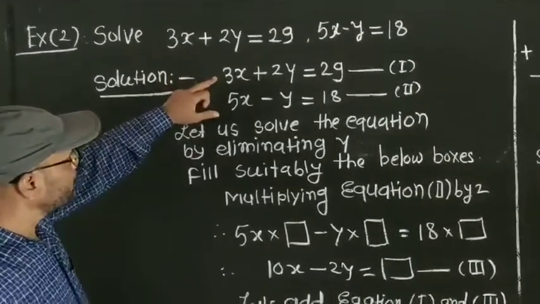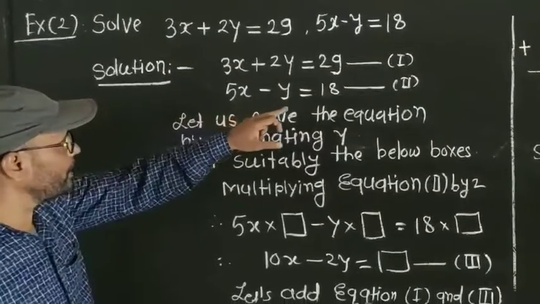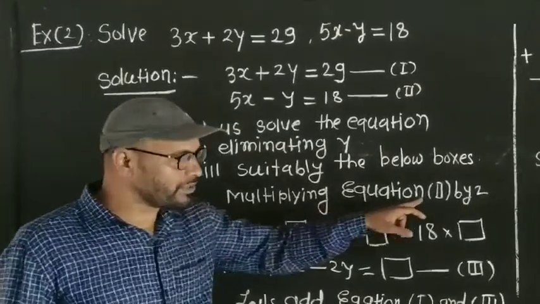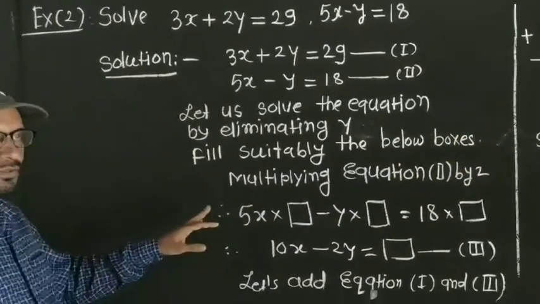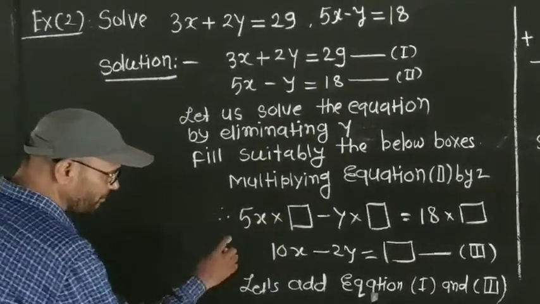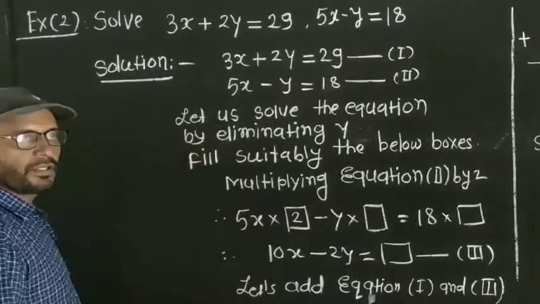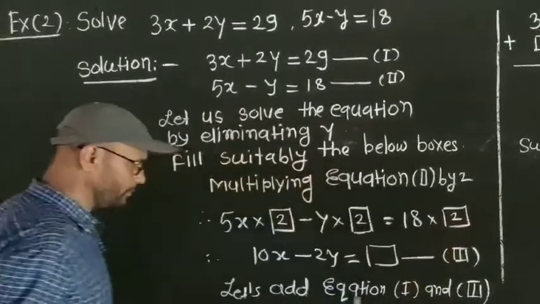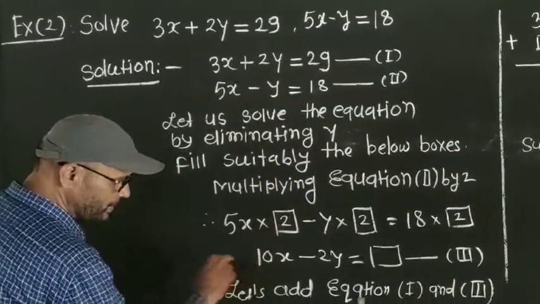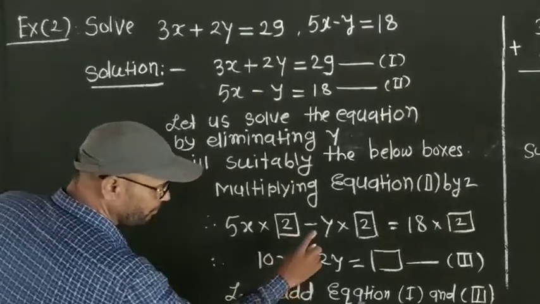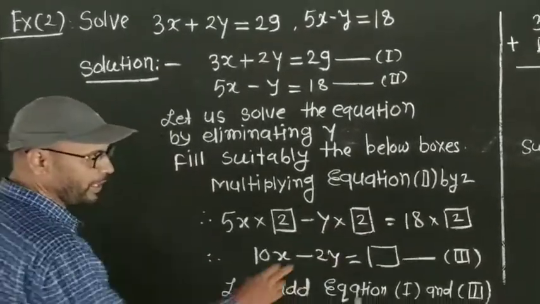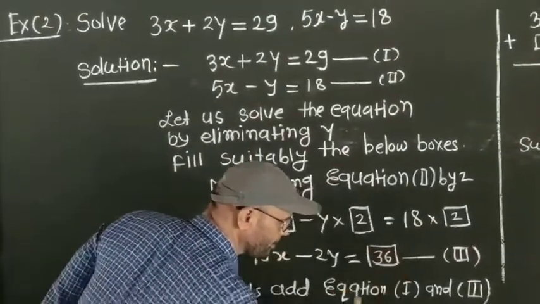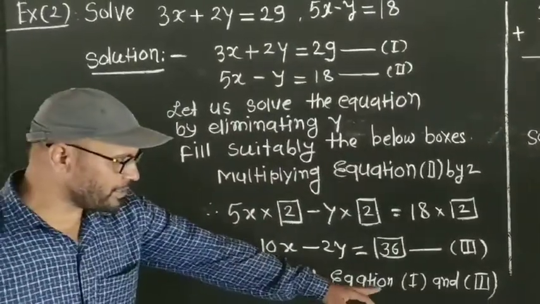We have 3x + 2y = 29 as equation 1, and 5x - y = 18 as equation 2. So multiplying equation 2 by 2, in the first box we get 5x into 2, y into 2, 18 into 2. 5x into 2 is 10x, minus y into 2 is minus 2y, and 18 into 2 is equal to 36. So we write here 36.